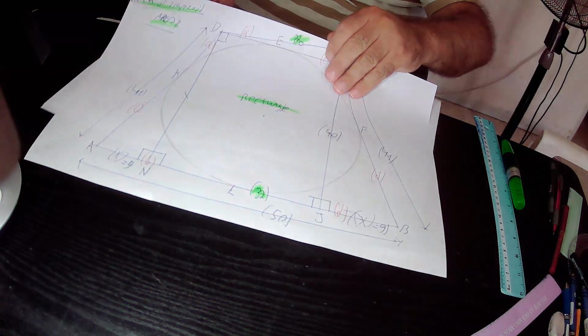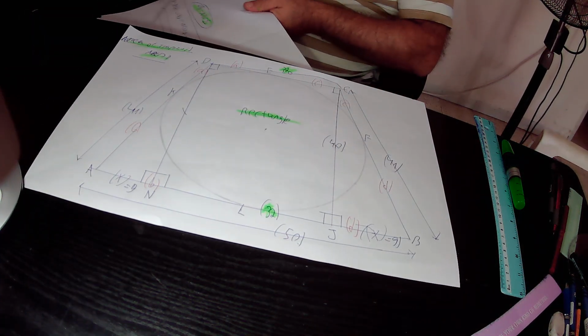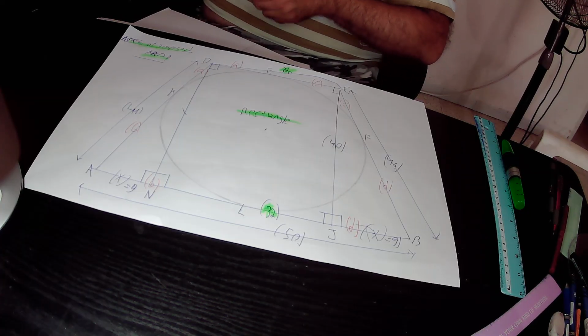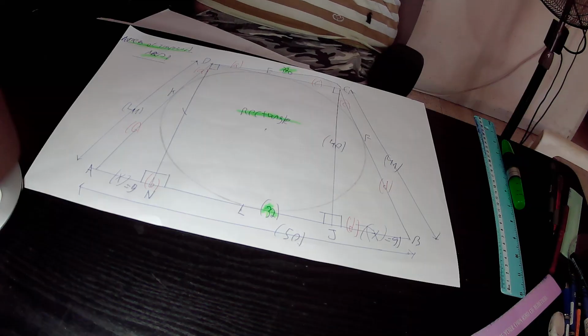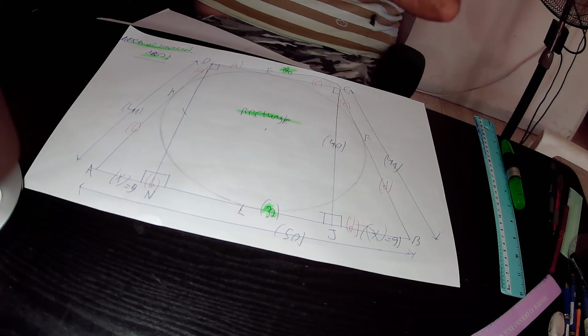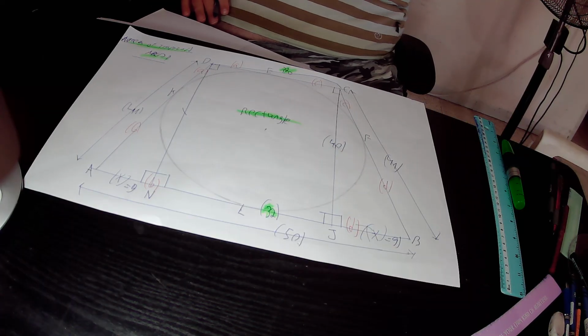In the first question, our task was to find out the area of this trapezoid ABCD. So, first of all, what is a trapezoid? A trapezoid is a quadrilateral with one pair of parallel sides.